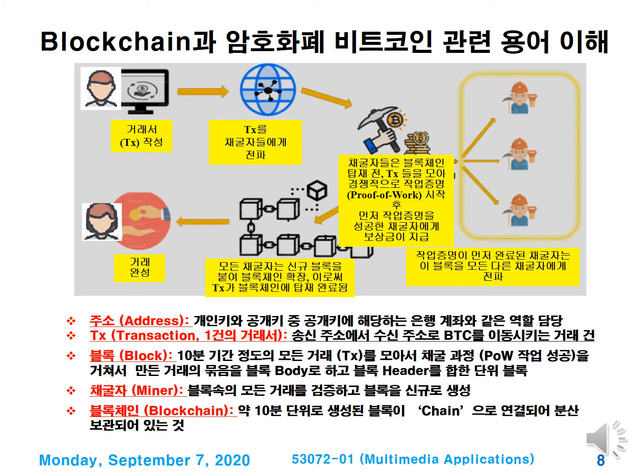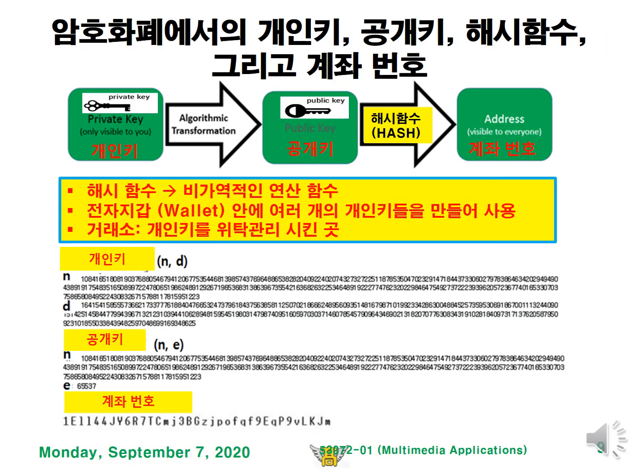So miner and the blockchain. In cryptocurrency, private key, public key, hash function, and address. They have a close relation.